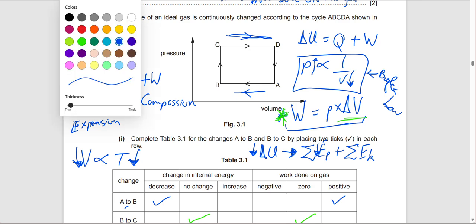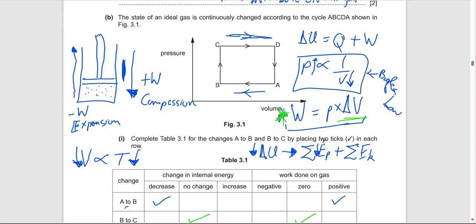Pressure, just write that in red. Pressure for CD is greater than pressure for AB, like that.